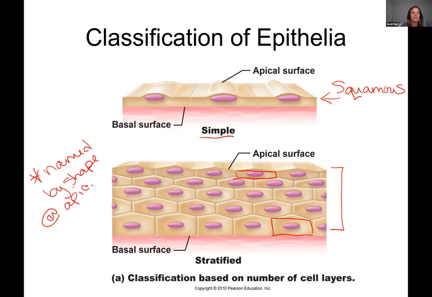So based on the shape at the apical surface. So we would say this is a stratified squamous epithelial tissue, right? Because these are flat at the top. Okay, so we're naming them based on the shape at the apical surface.